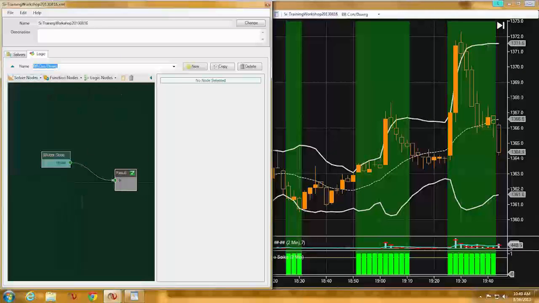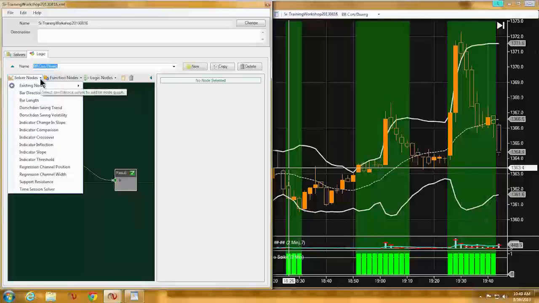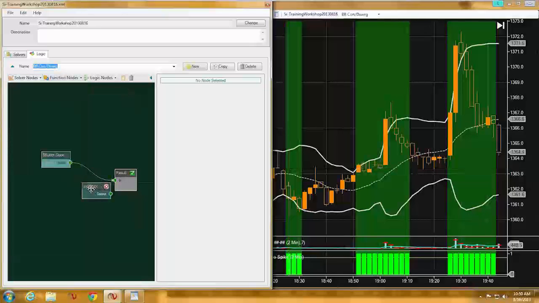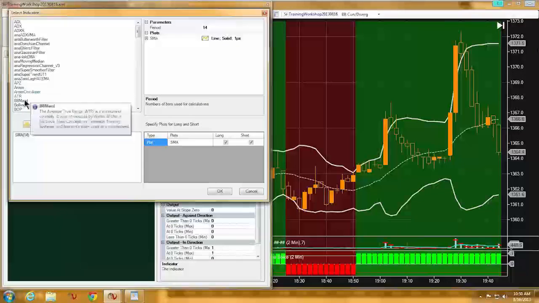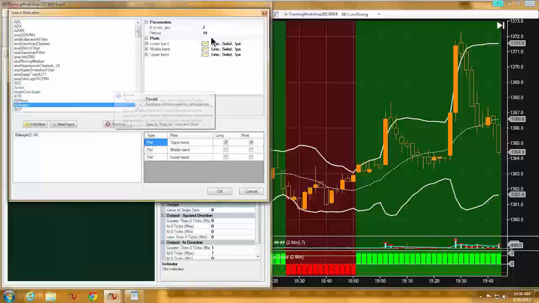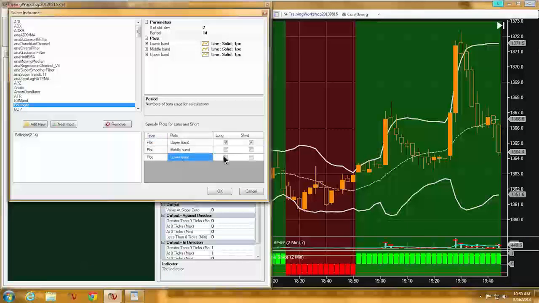All right, so next, we've got the upper band, so I'll work on building the lower band here. So I'll just change my indicator over, and we're interested in the lower band.